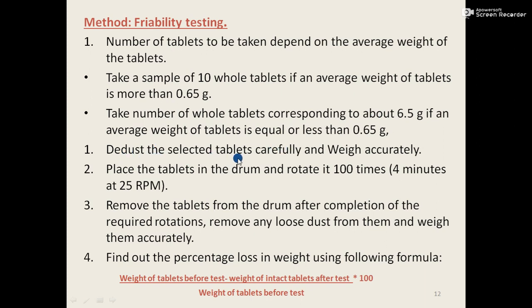Dedust the selected tablets carefully and weigh accurately. Place the tablets in the drum and rotate it 100 times or for 4 minutes at 25 rpm. Remove the tablets from the drum after completion of the required rotation. Remove any loose dust from them and weigh them accurately.